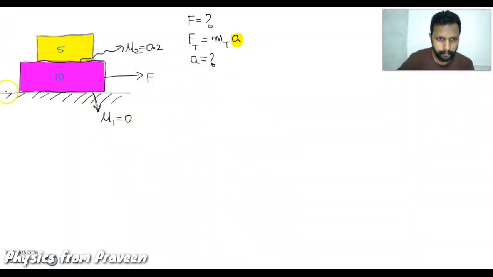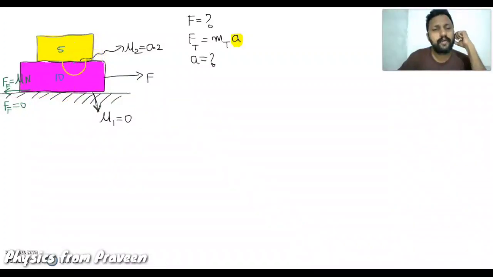Let me write it as force of friction. We know it is the coefficient of static friction into normal reaction. But in this case the coefficient is 0, so the frictional force acting between the surface and the 10 kilogram mass is 0.